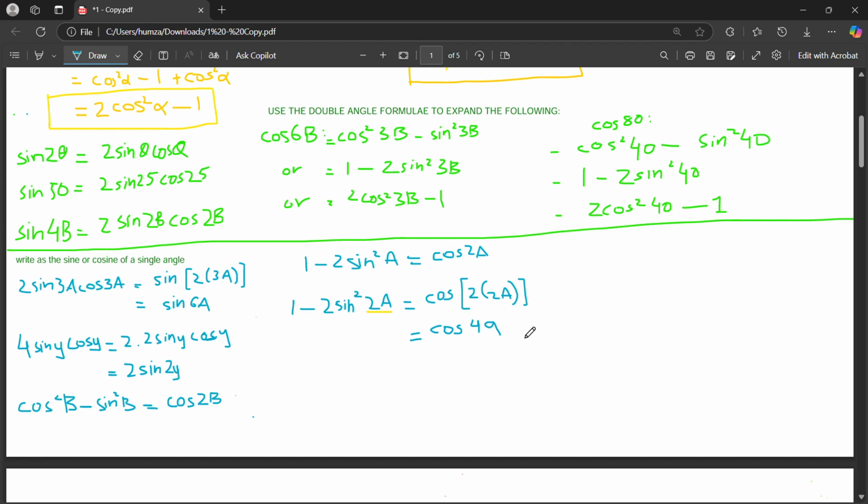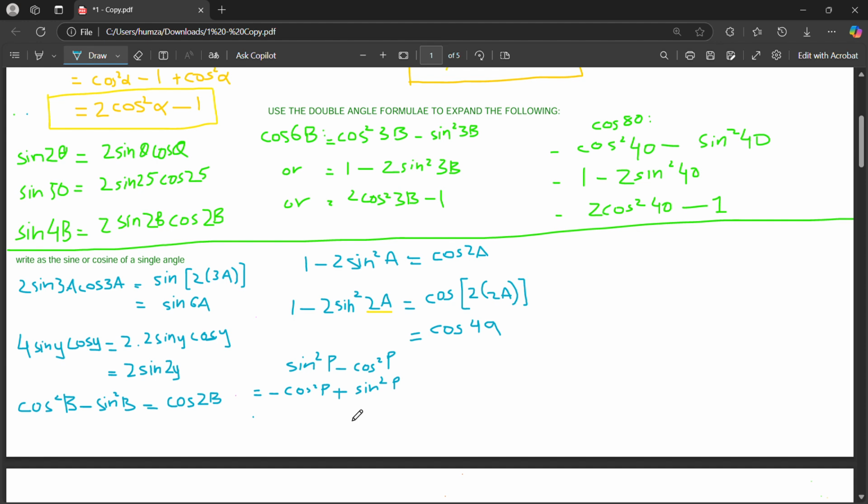Okay, now sin 2p minus cos 2p. Now we can use this one, so we can swap these two around to start writing it as the sine or cosine of a single angle, and so it will become your minus cos 2p plus. There's a plus sign in between, right?